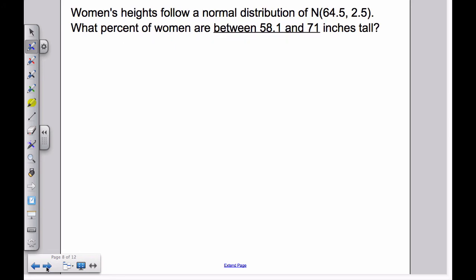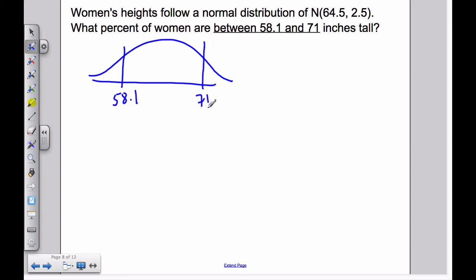Okay, so what if they give me a question like this, where it's an in-between type of scenario? What I'm interested in is 58.1 and 71.